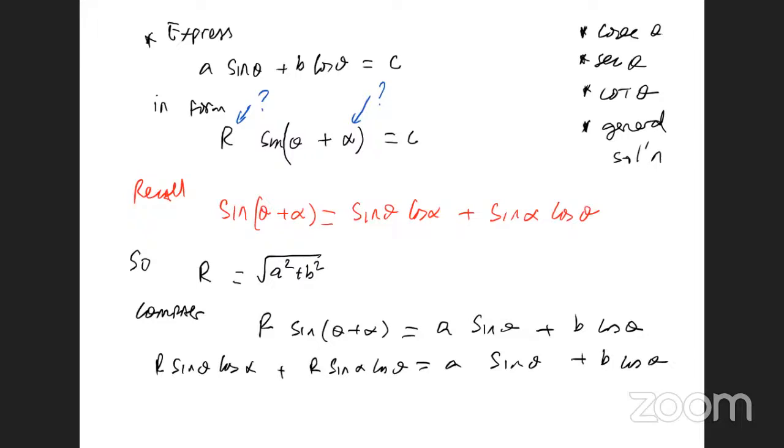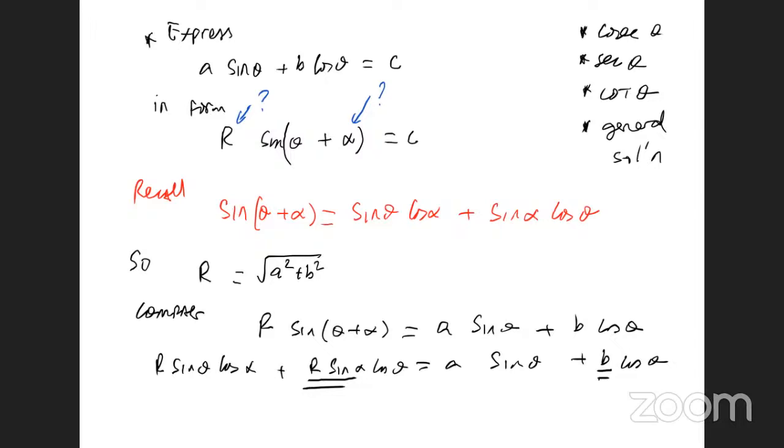So I'm going to compare them now and see if they can help me find alpha. Whatever is in front of cos theta, that's B, so therefore this should be equal to B. Do you see it there?